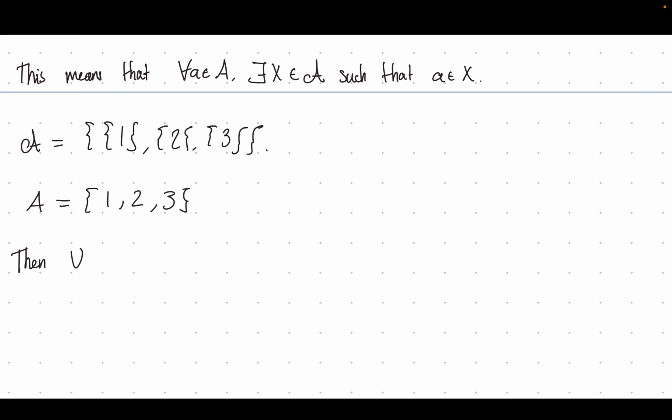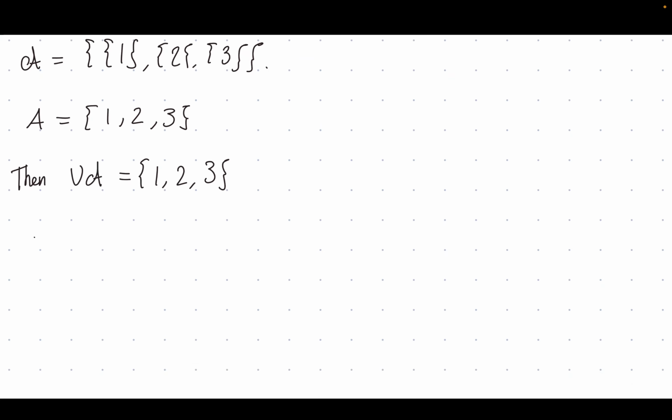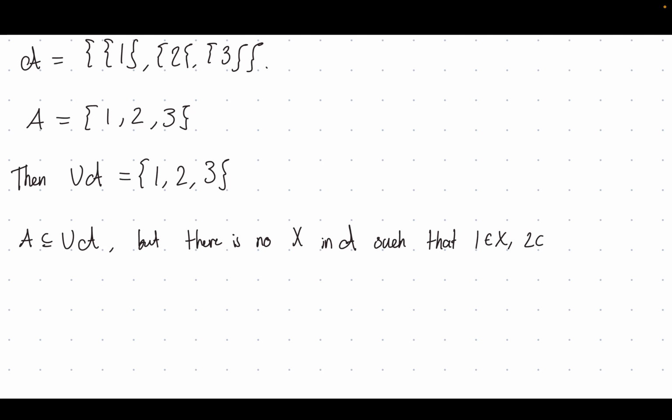Then the union of script A is going to be 1, 2, 3. And A certainly is a subset of the union of A, but there is no X in script A such that 1 is in X, 2 is in X, and 3 is in X, which is what we were trying to find.